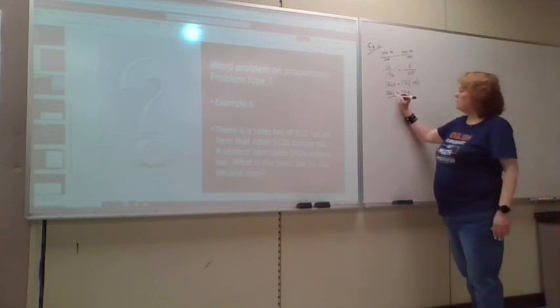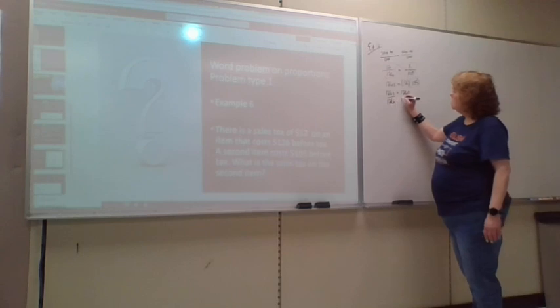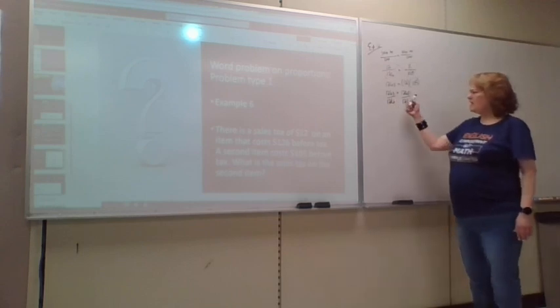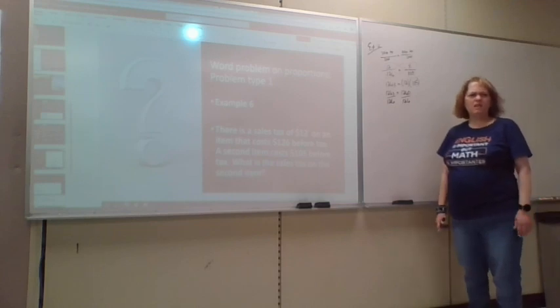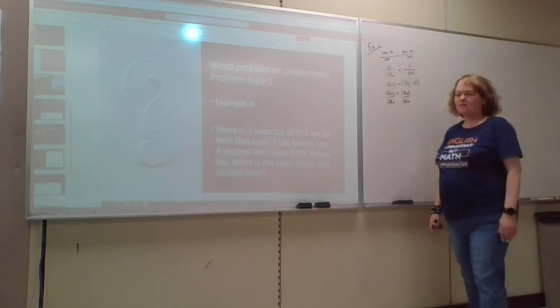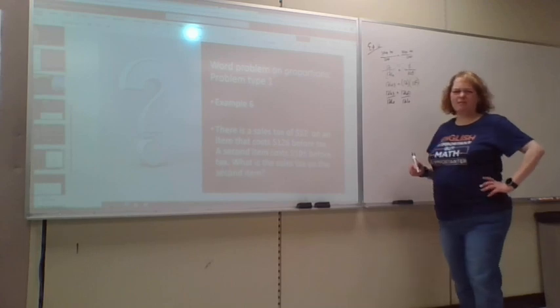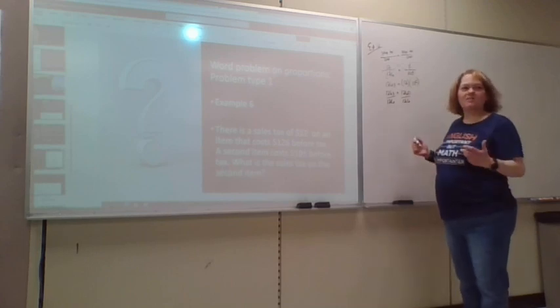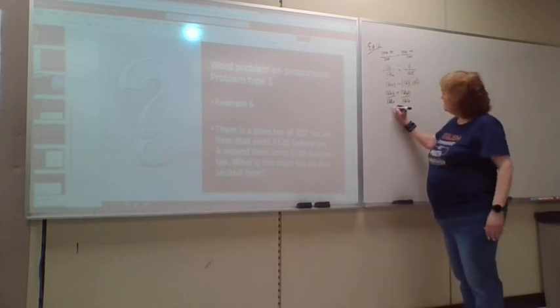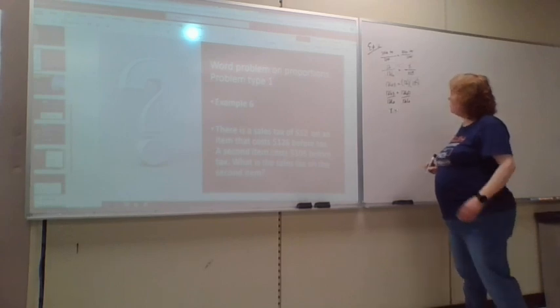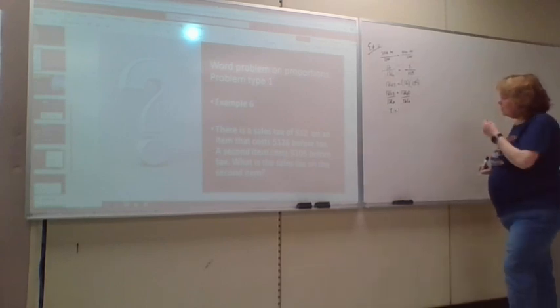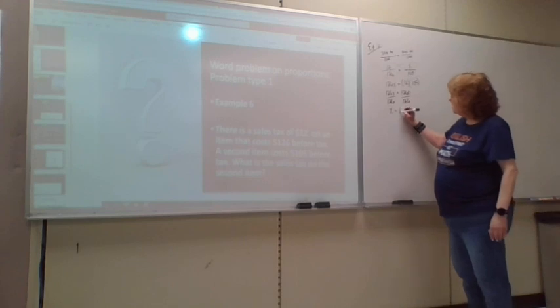Divide by 126. Another student was trying to divide the 1260 by that, and I said that would equal 1, which doesn't get x by itself. We're trying to solve for x. So 1260 divided by 126 is 10, I believe.